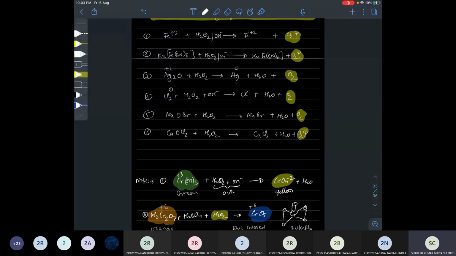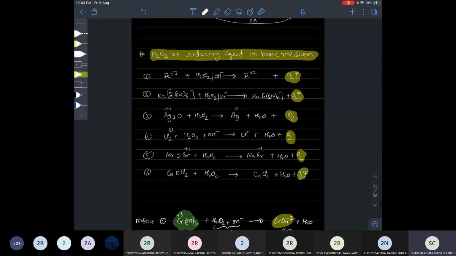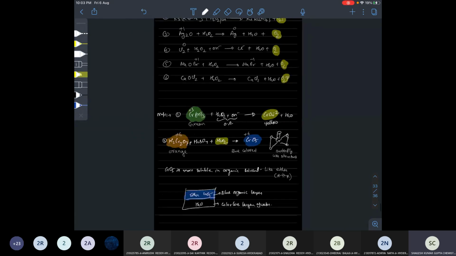And H2O2, as usual, you will get O2, right? From +1 to again -1. From here, CaOCl2, this is having one of the chlorine in +1 state. So that is also going into... You can see that every time we are getting oxygen.